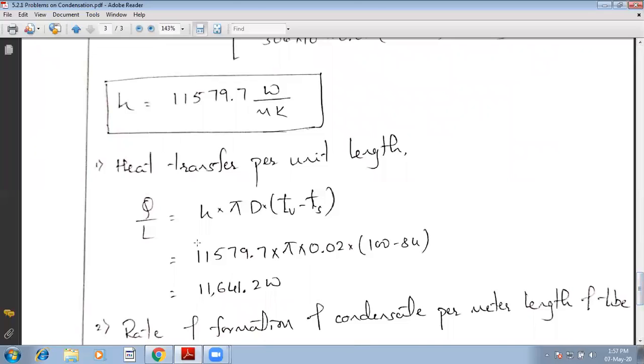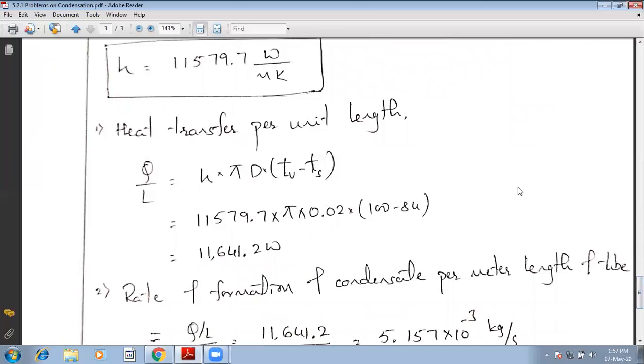You know, for a tube, we consider the area to be pi D into L. As it is per unit length, we need to multiply only with pi D. h into A is nothing but h into pi D multiplied by the change in temperature. If you substitute the h value we have obtained, pi as 3.142, and D, the diameter, which is given, we end up with a value of 11,641.2 watts.